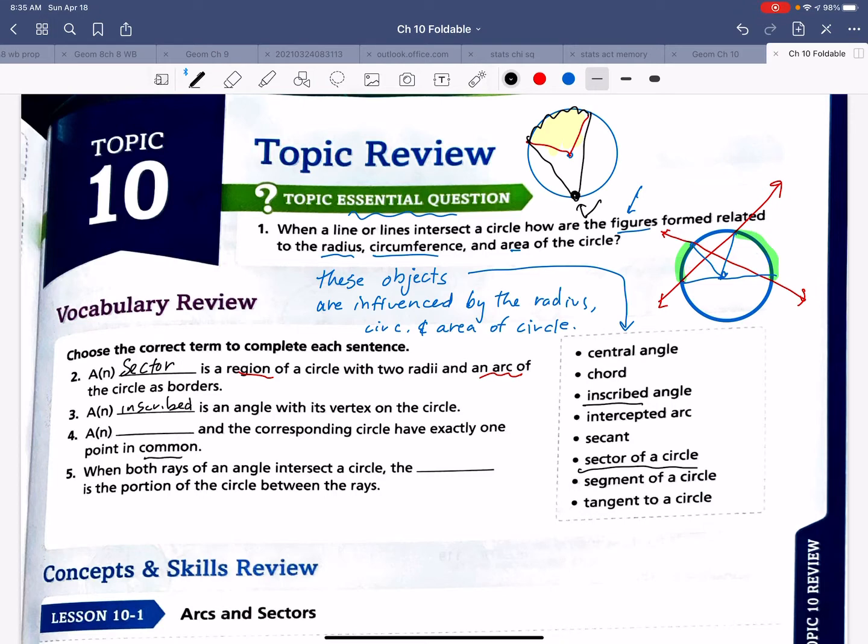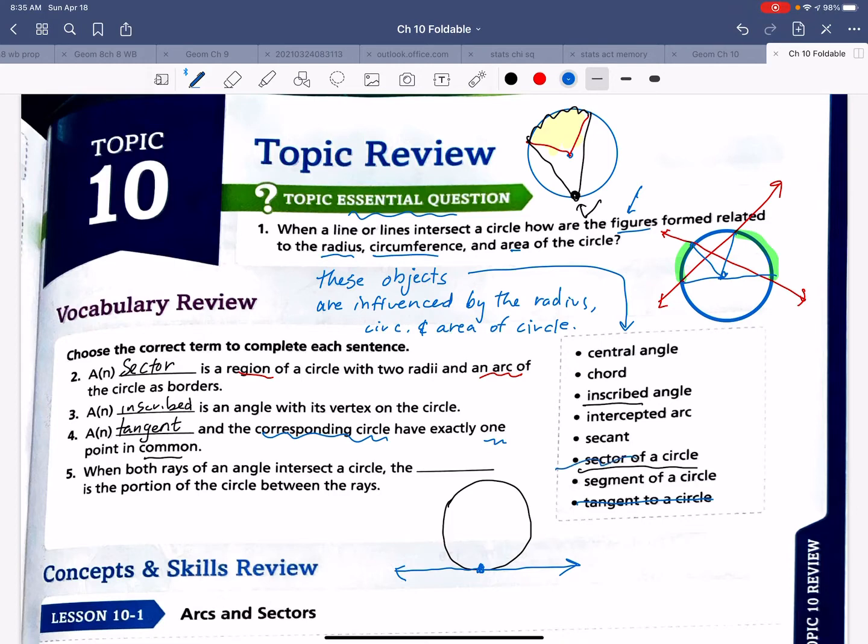The choices were central angle, chord, intersect, secant, segment, tangent to a circle. That sounds like a tangent. So let's put the word tangent in there and see if that makes sense. A tangent line and its corresponding circle have exactly one point in common. Yeah, we like that. That's our tangent.